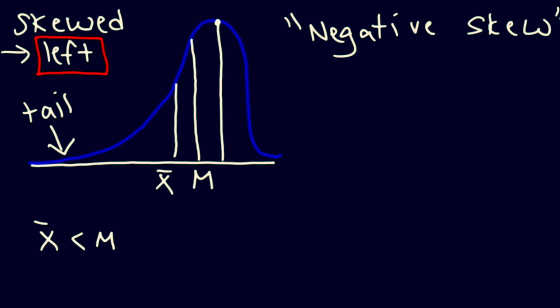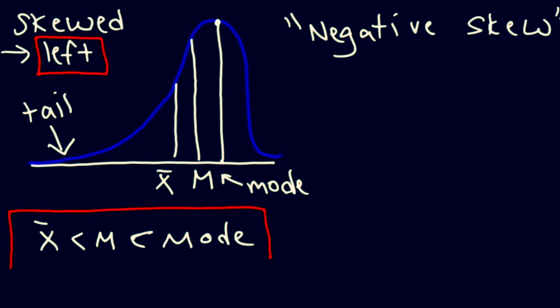The mode is basically here, the data with the highest frequency. So the mode is greater than the median and also the mean. For a distribution that's skewed to the left, the mean is less than the median and less than the mode. Remember that?